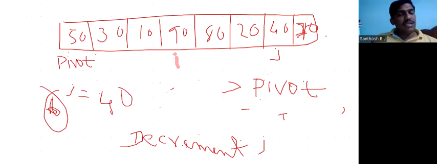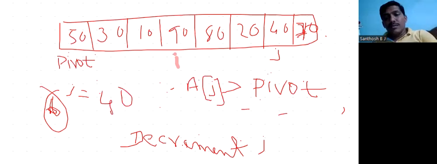Once again, check the condition: A of J is greater than the pivot value.